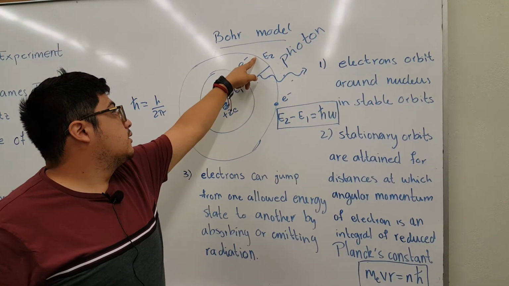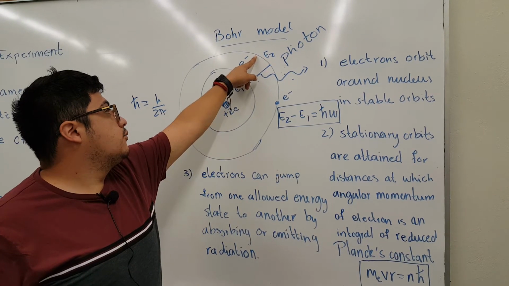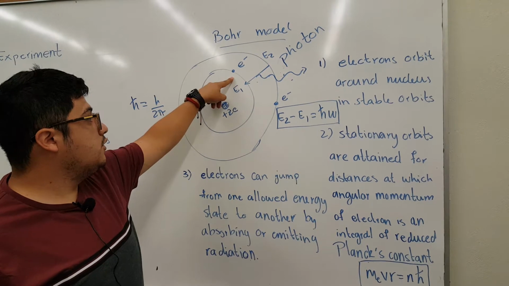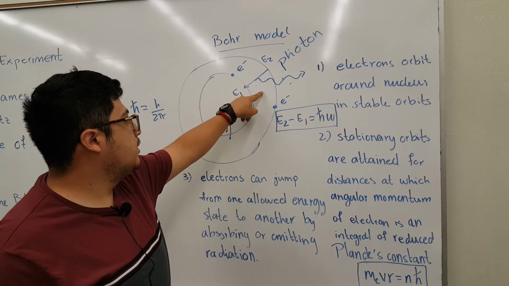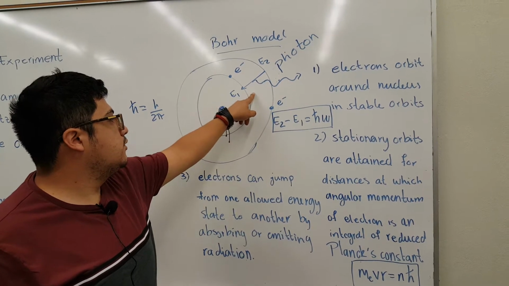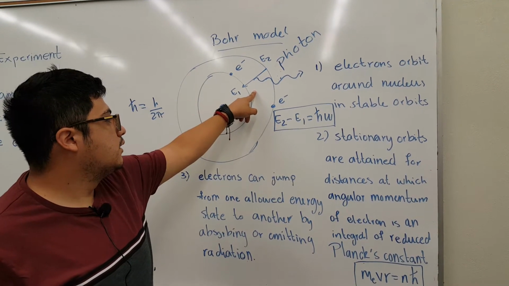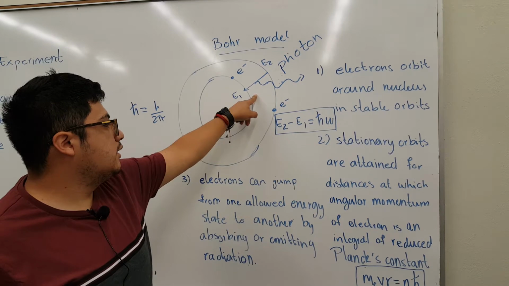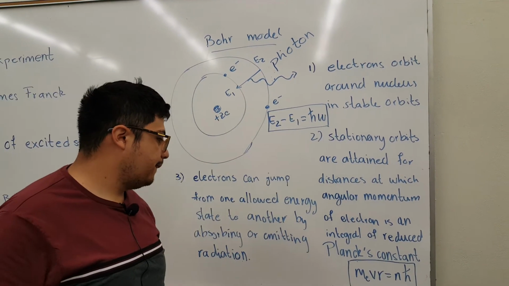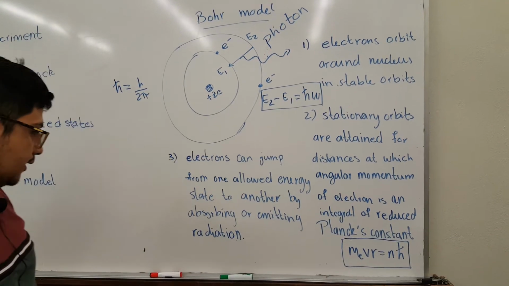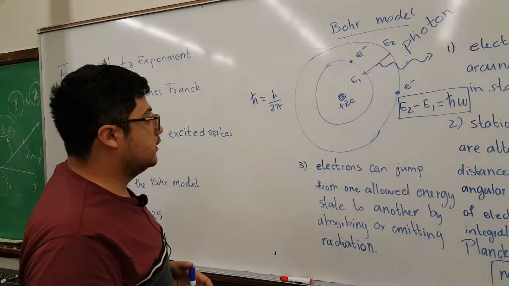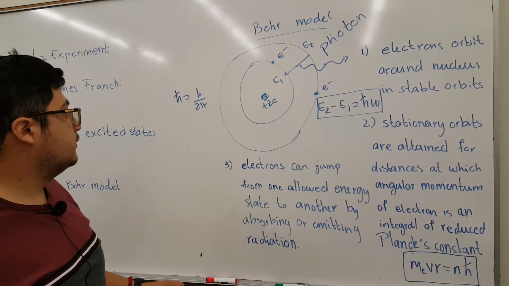So it will stay there for a little bit, then fall to its original energy state, and it does so by emitting a photon with a frequency mandated by the energy difference between the two states. Okay, so this is more or less what the Bohr model was.